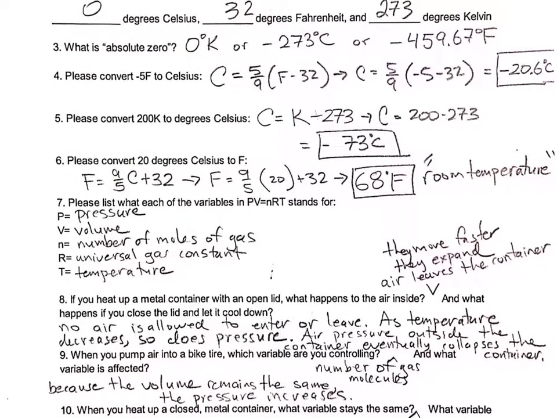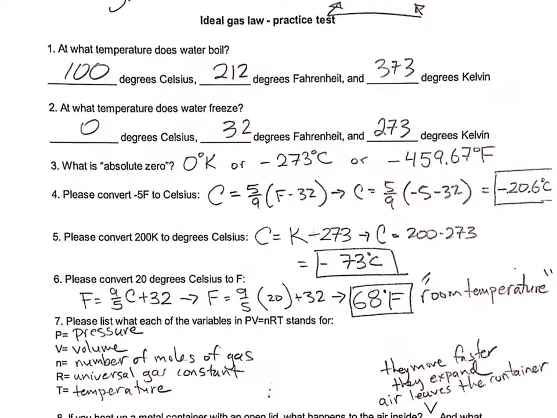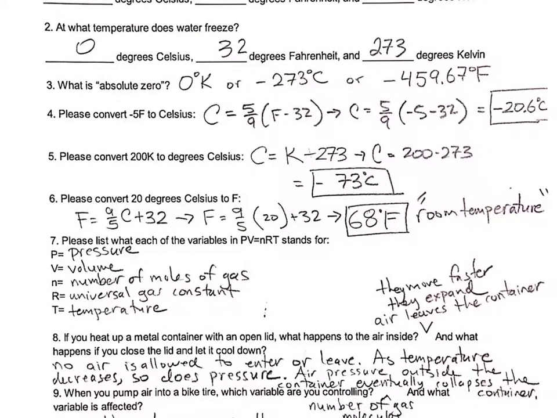Number 5, convert 200 degrees Kelvin to degrees Celsius, so we're plugging in a 200 for K, and we get -73 degrees Celsius, or centigrade. Number 6, we're converting 20 degrees Celsius to Fahrenheit. This one is important because it's room temperature, so you don't have to memorize it like these, but it is a good piece of trivia.